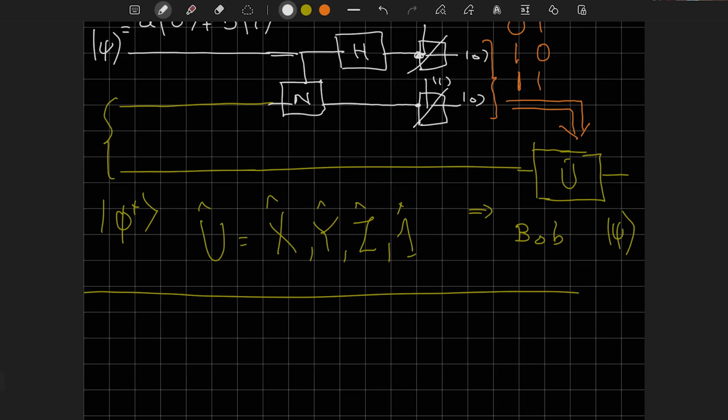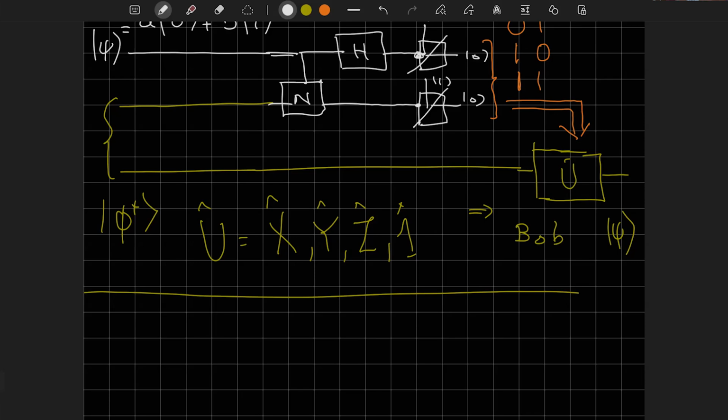It means if you have some prior knowledge about the state, that the state is probably in this subspace, then you don't need to do all the measurements. That's what I'm saying. But you need to measure alpha and beta separately.